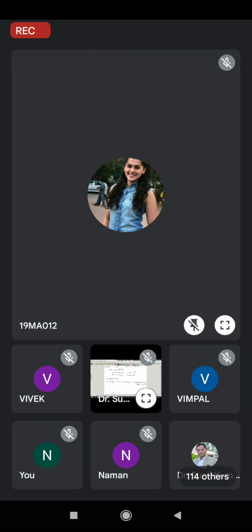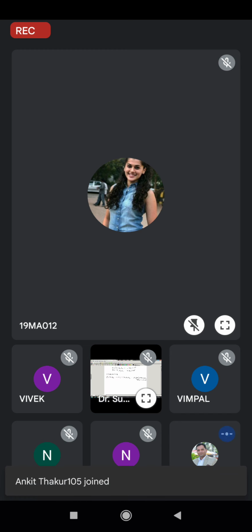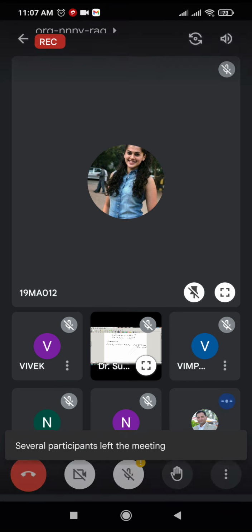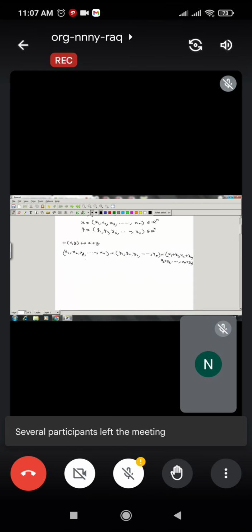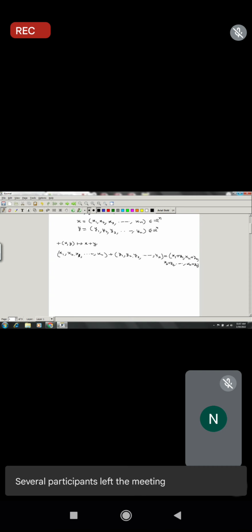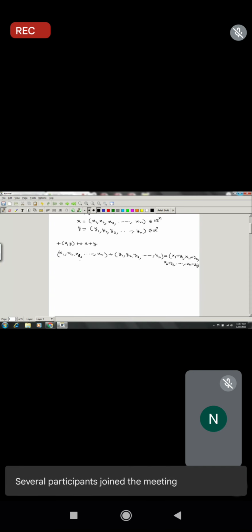This is how we define addition. Because x and y both belong to the vector space, this addition is called vector addition.